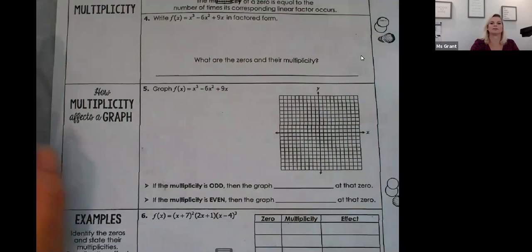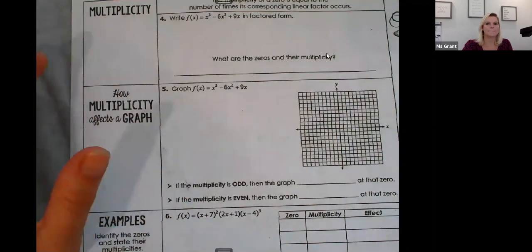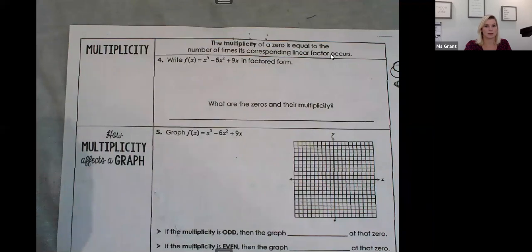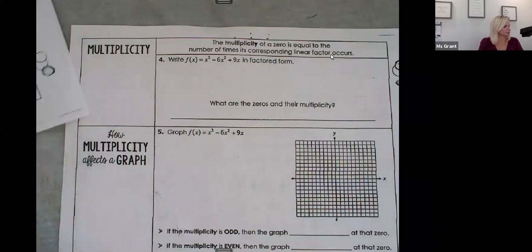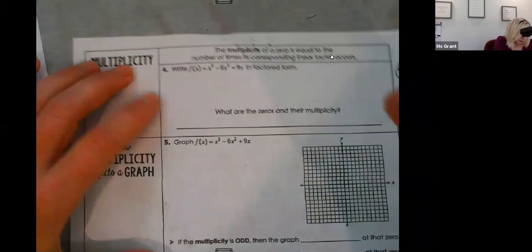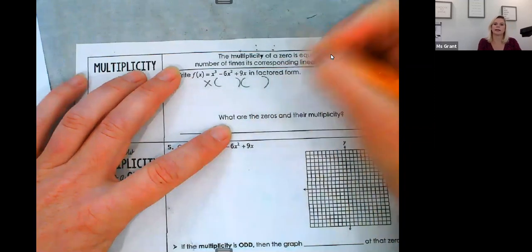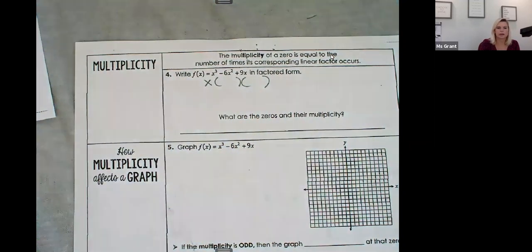All right. So, multiplicity. We talked about it in the front side. Let's factor number 4. Here we go. X is a GCF. What is the rest? Oh, I went too fast.